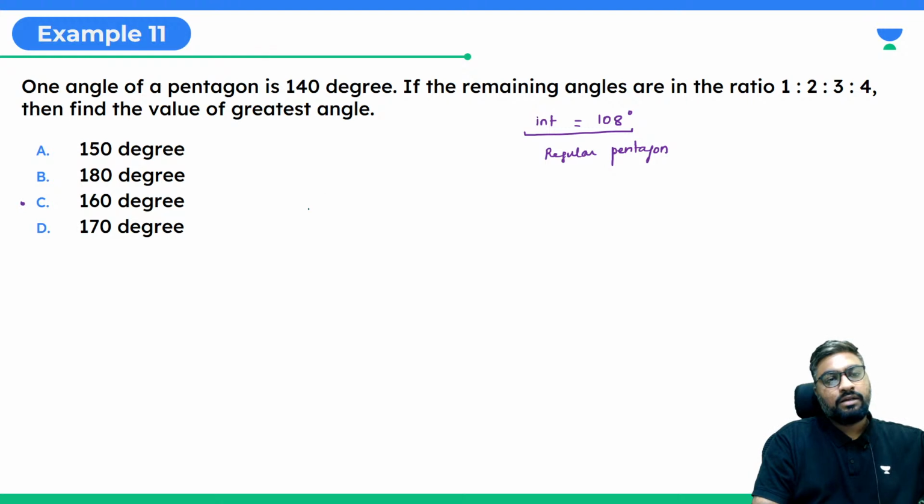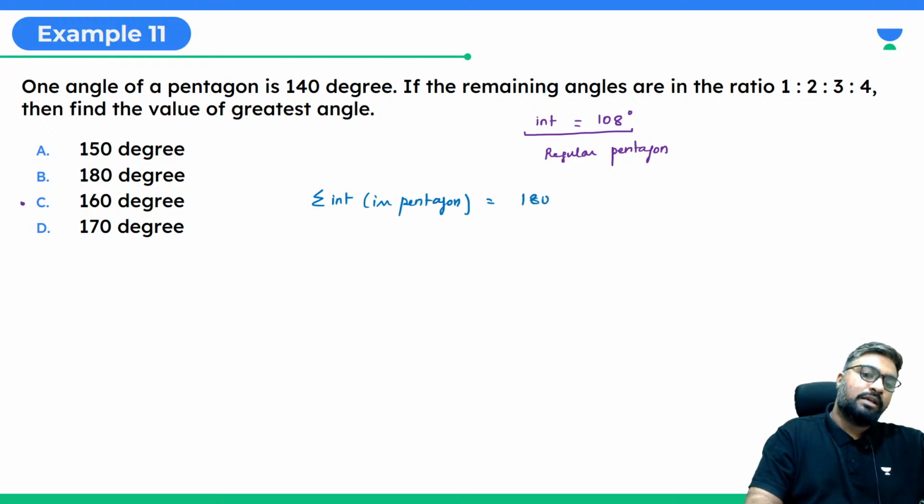We know that the sum of interior angles of an irregular pentagon also will be how much? 180 into 5 minus 2. Yes, which is 180 into 3, 540 degrees. So what do we have?